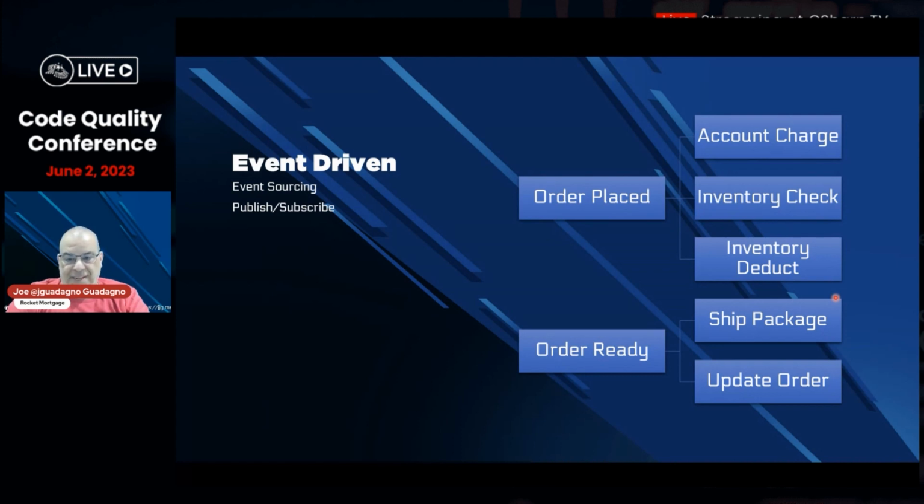Some of the benefits of an event-driven architecture: it's distributed. You can have asynchronous processes go out, like if you're on Facebook or Instagram or TikTok and you like a video or like a post, it doesn't actually go and instantly like that post across the board. It says, hey, Joe liked this post. Okay, I care when Joe likes a post.